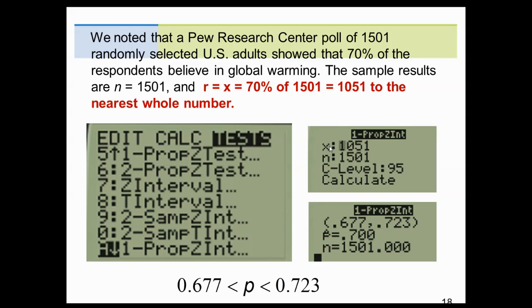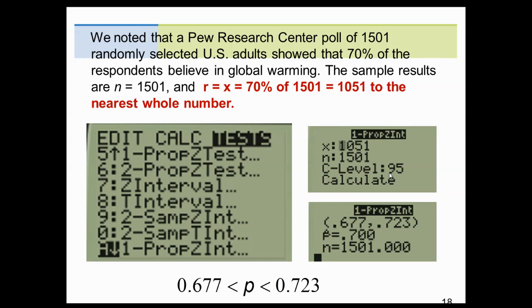X value: I took 70% of 1501. This has to be a whole number, so I rounded to the nearest whole number. 70% of 1501 was 1051. N was given to me as 1501. I'm looking for a 95% confidence level, and once again, I'm putting in 95.